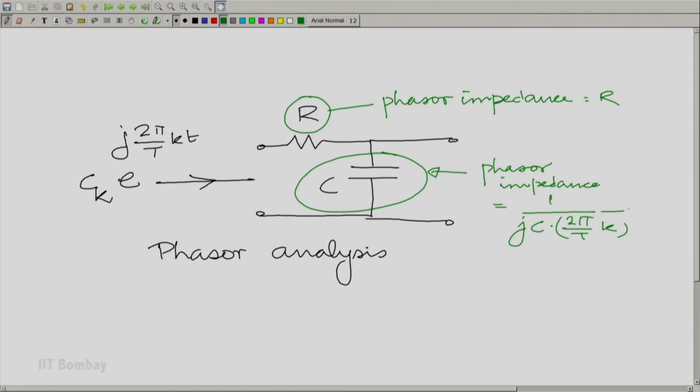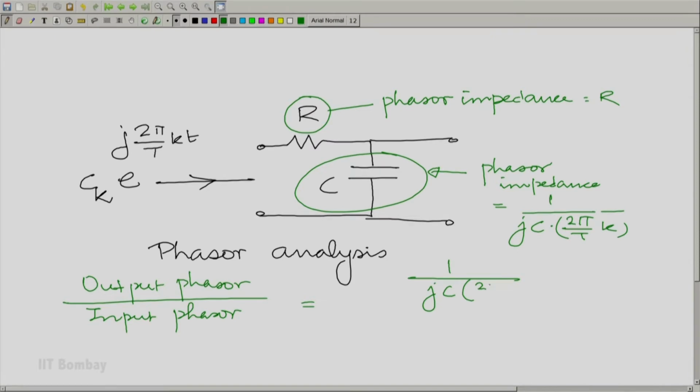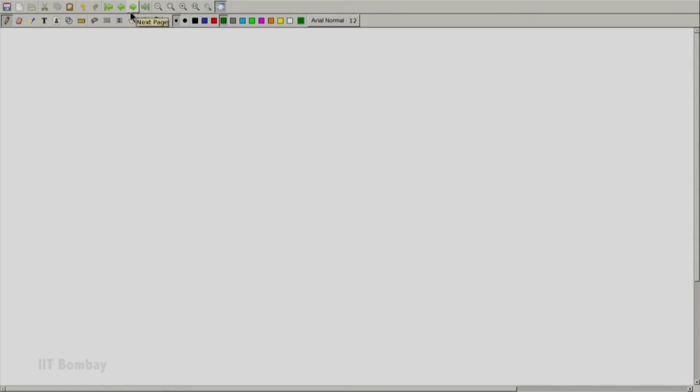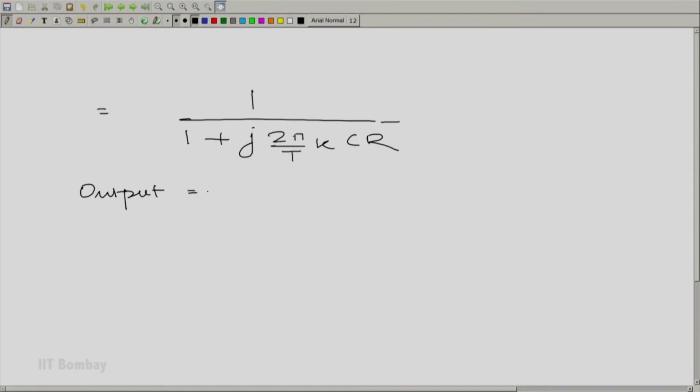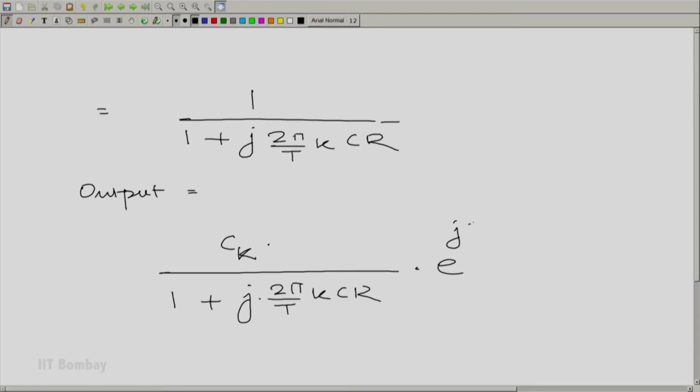And therefore, the output phasor by the input phasor is equal to 1 by jC times 2 pi by T times k divided by R plus 1 by the same quantity. Let us simplify this. And therefore, the output is going to be Ck times this quantity.